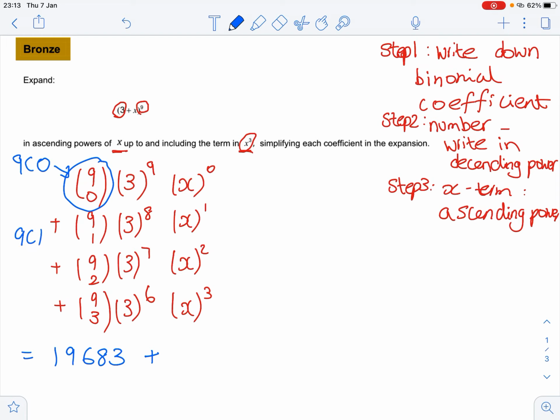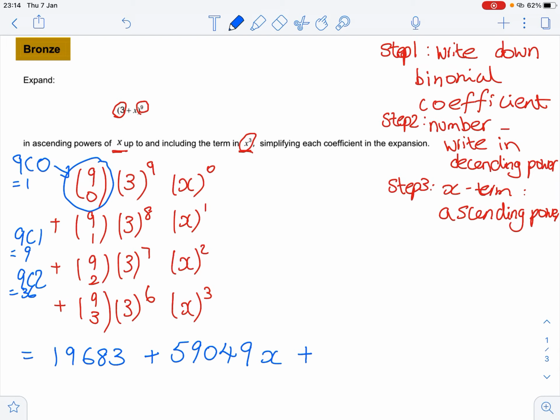Then we continue, entering into our calculator 9C1, which is going to give us 9 times 3 to the power of 8, which equals 59049x. Then plus, this would be 9C2, which equals 36.